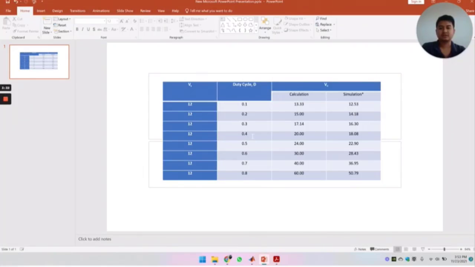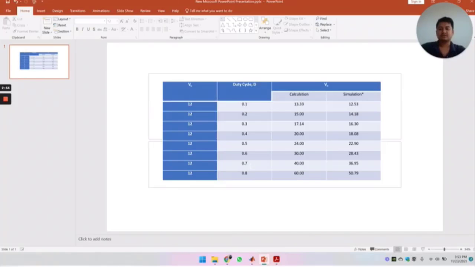For duty cycle 0.4, the calculation is 20, but the simulation is 18.08. For duty cycle 0.5, the calculation is 24, and the simulation is 22.9. For duty cycle 0.6, the calculation is 30, and the simulation is 28.43.